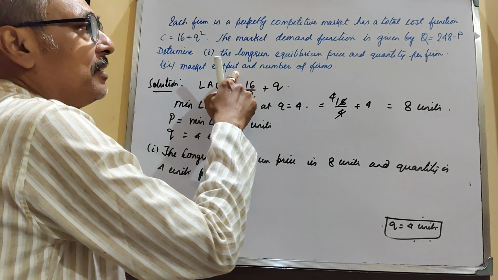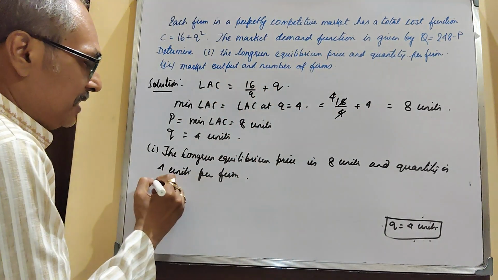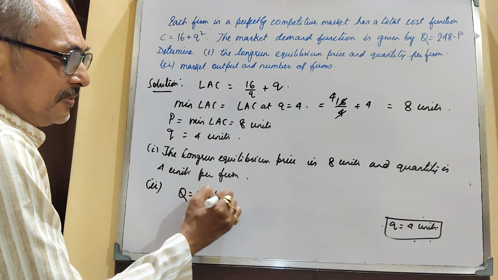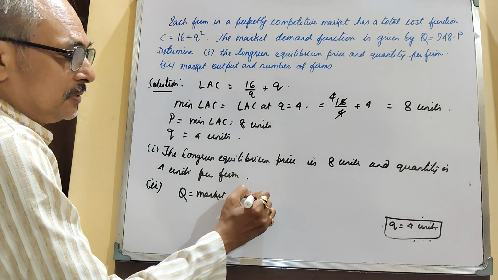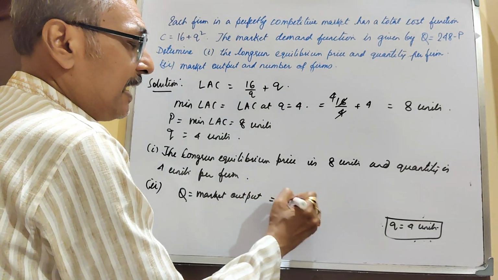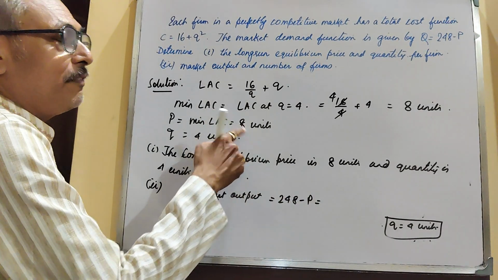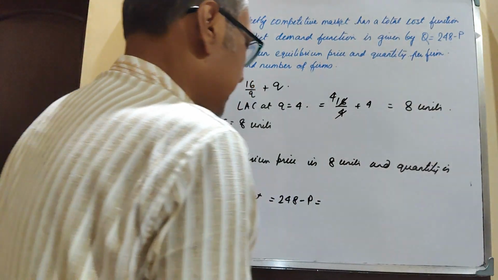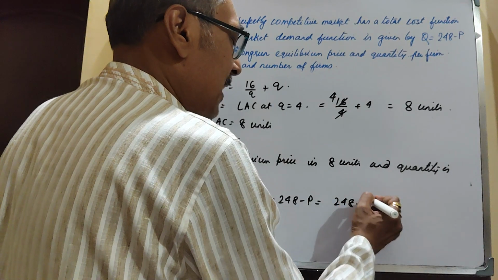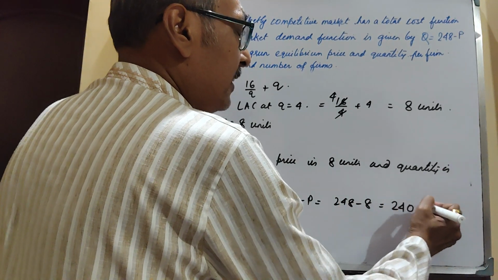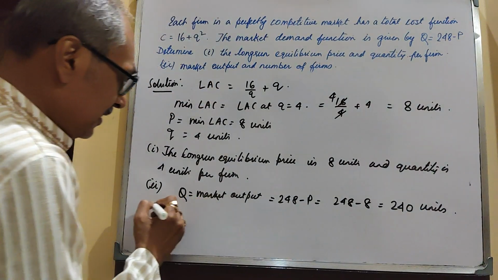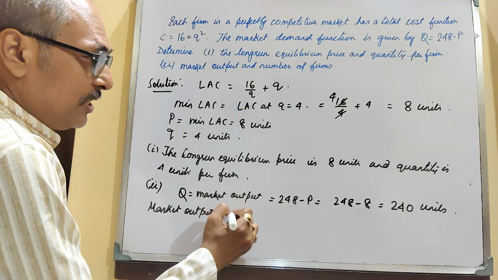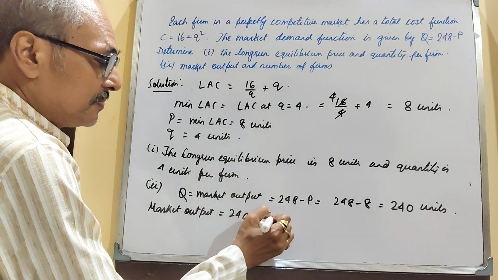Now we have to calculate the market output and the number of firms, part 2. Market output is capital Q, equals 248 minus P. We substitute the value P equals 8. That is 248 minus 8, which is 240. Market output equals 240 units.